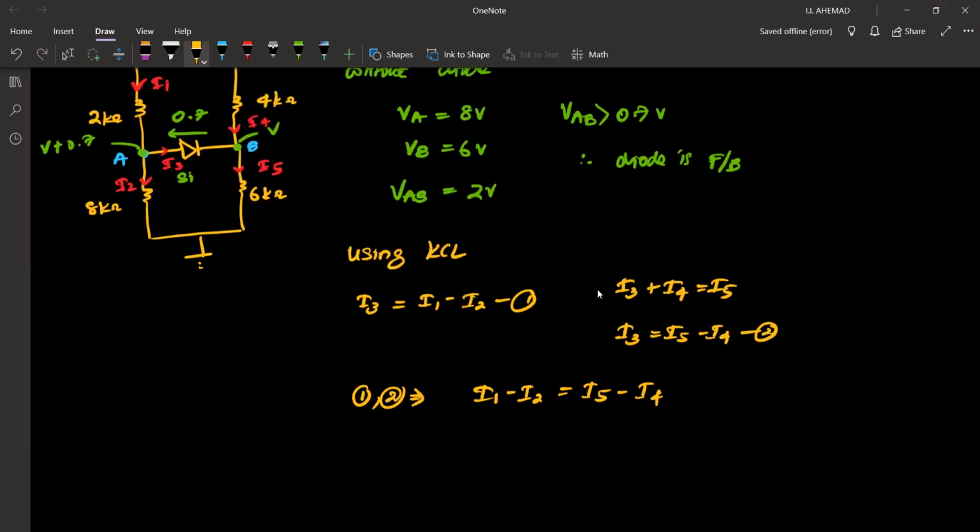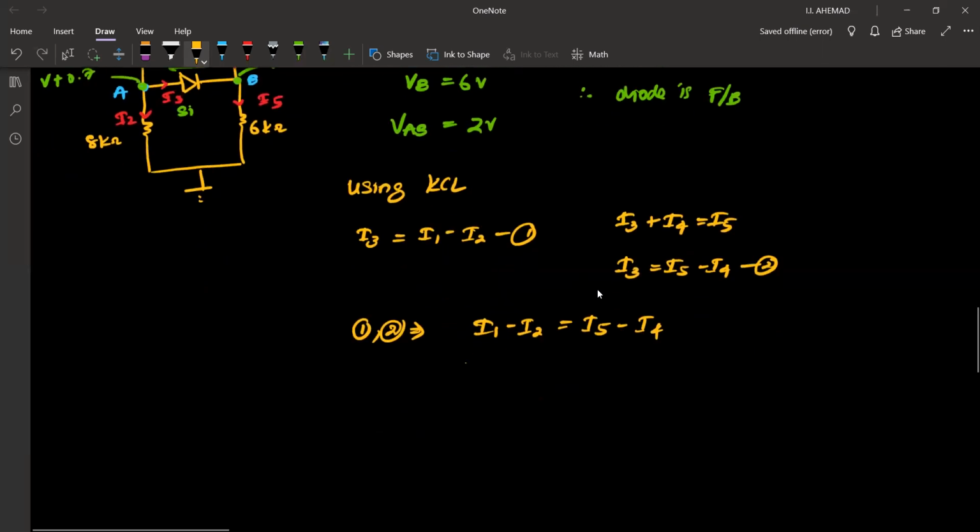Using nodal analysis, we can write these currents in terms of voltage.